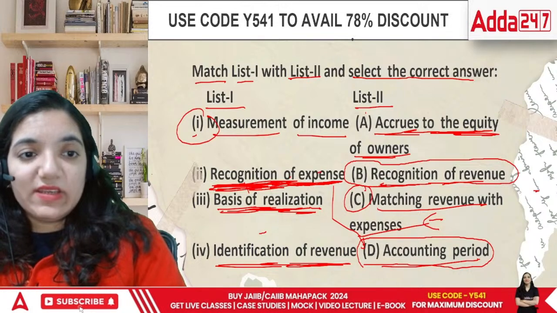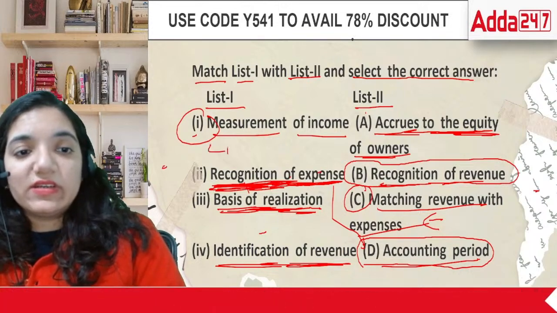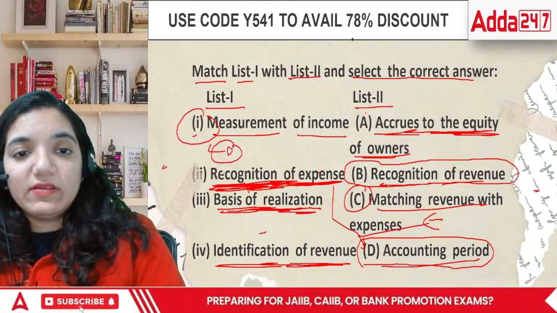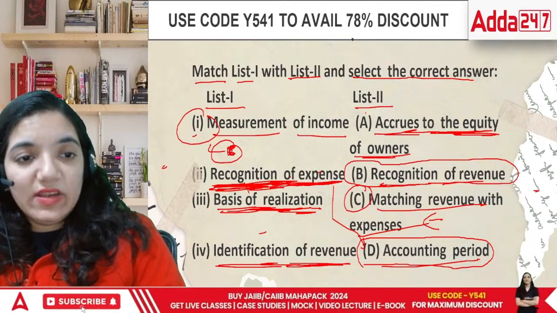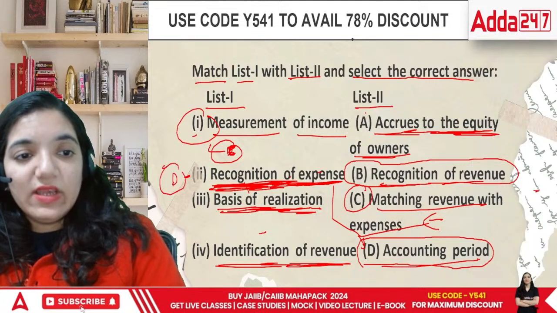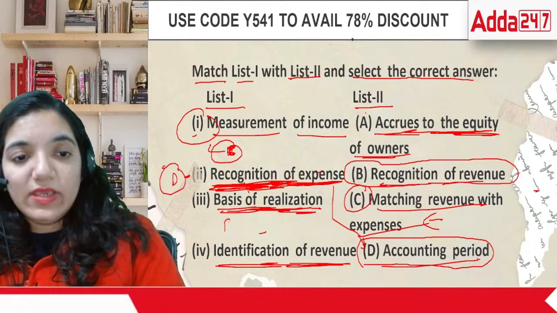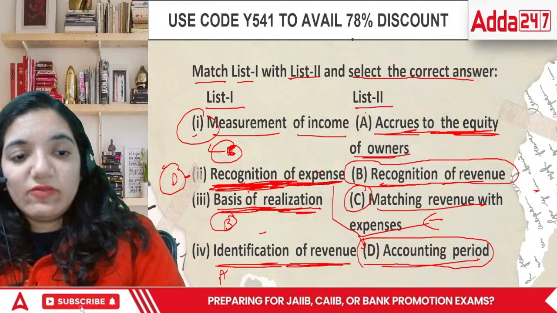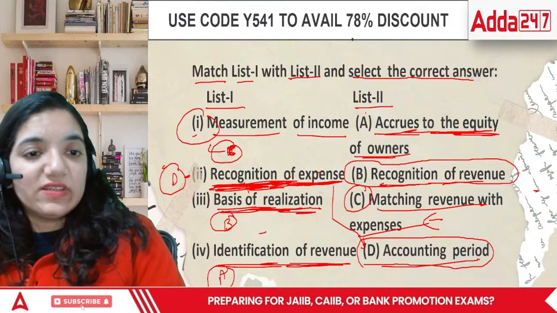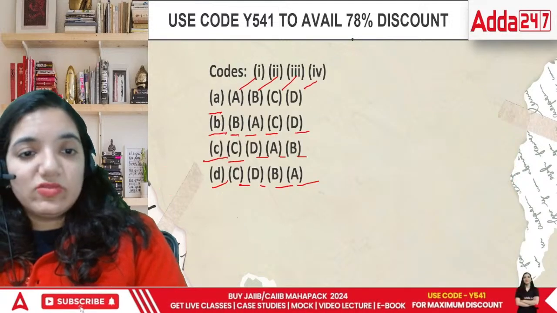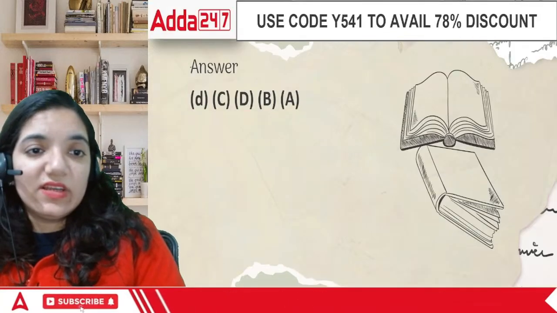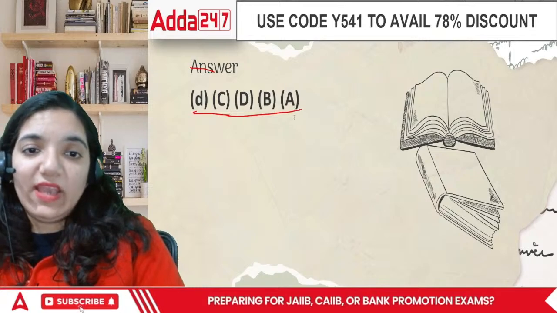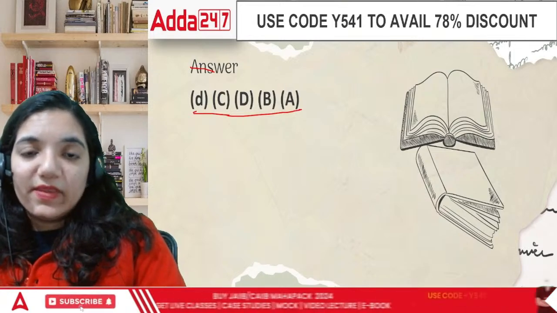So first is C, recognition relates to D, then third is B, and fourth is A. So this is C, D, B, A. The answer is C, D, B, and A. Got the idea?